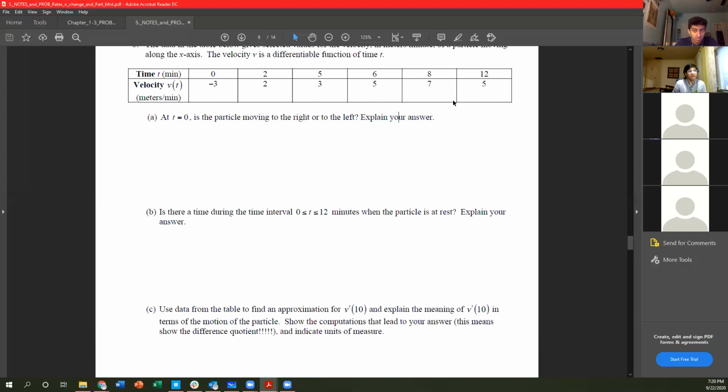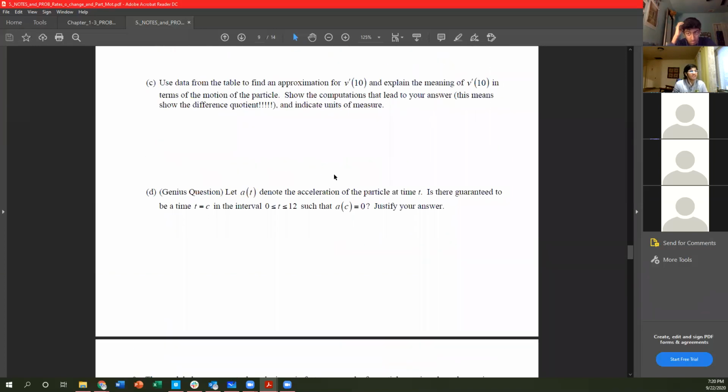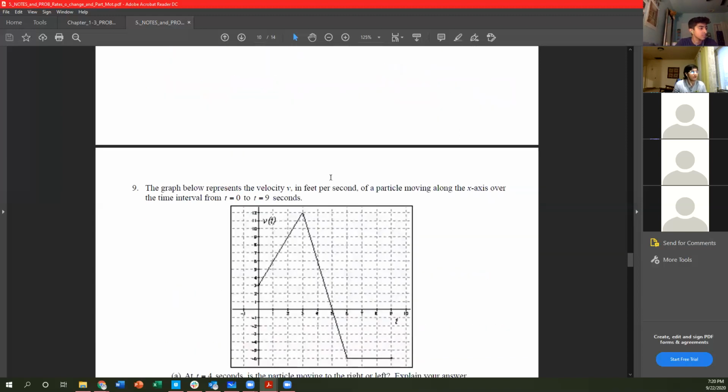So what you do is you take the average change in velocity, and because it's continuous, you know that it'll equal 0 at one point. I think you can actually use the intermediate value theorem for that as well. Does that help, Zachary?